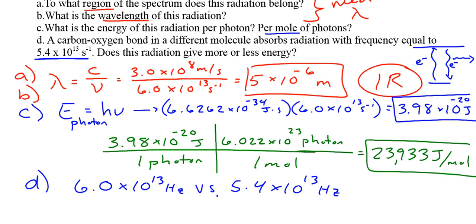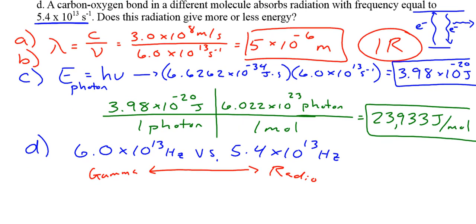Looking at the electromagnetic spectrum, as we move this way on the spectrum towards gamma and X-ray, let's just say gamma on this side, and radio on this side, we have greater energy and greater frequency on this side. On this side, we have greater wavelength. So if my value is larger of a frequency, that means I'm further along on the spectrum to the left than 5.4.